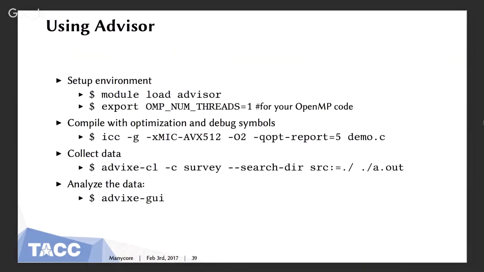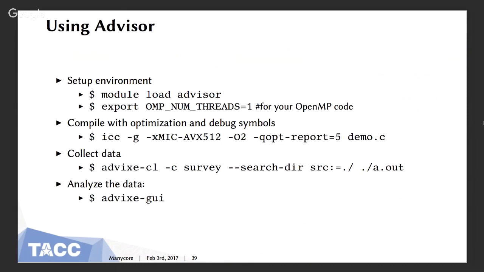So how do we actually run this? First, you just set up your environment, module load advisor. You're going to export the number of threads. You want that to be 1. Like I said, you really want to run this advisor in a serial manner.